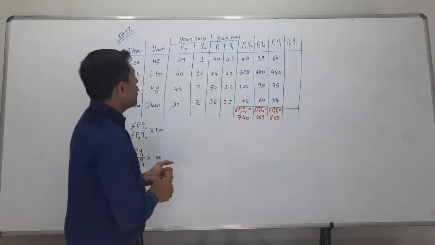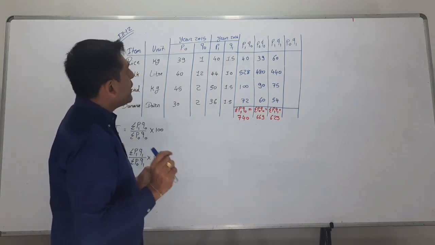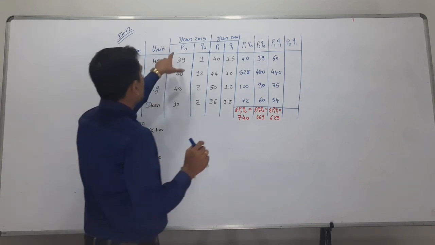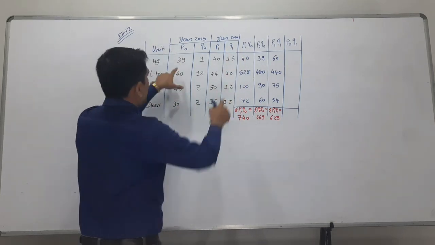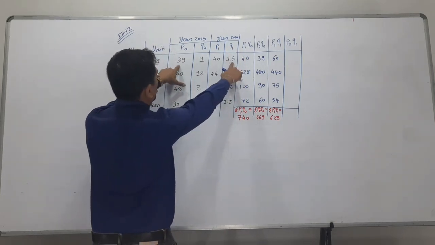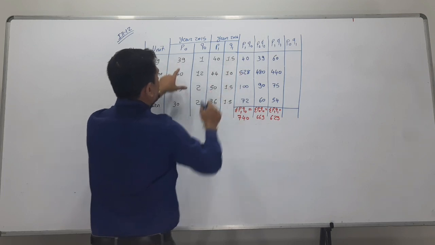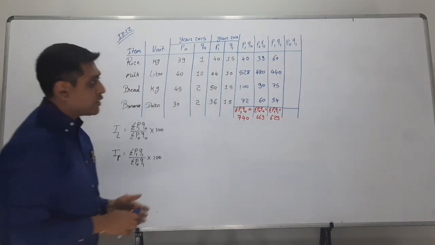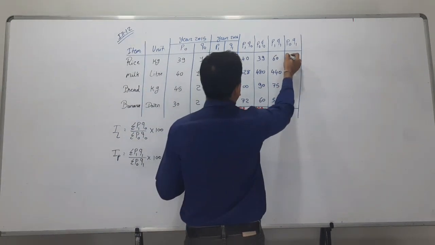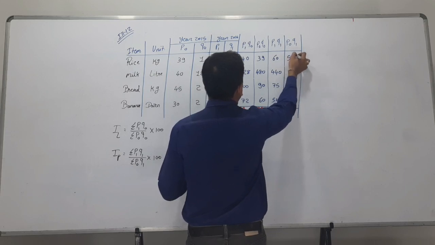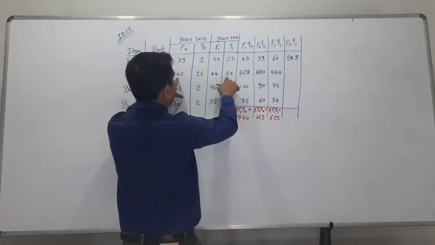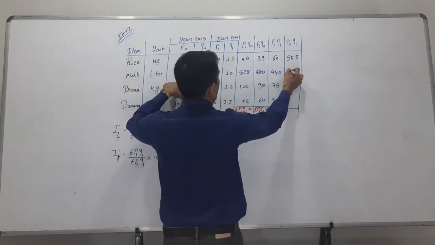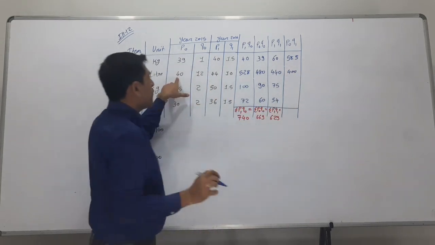Now the next one is sigma P0 Q1. Here is the P0, here is the Q1. So first of all you have to multiply this way. 39 into 1.5, that is 58.5. Then 40 into 10, that is 400. So be careful here.